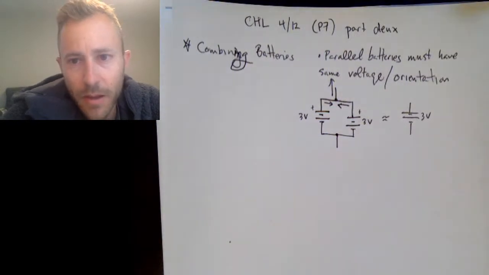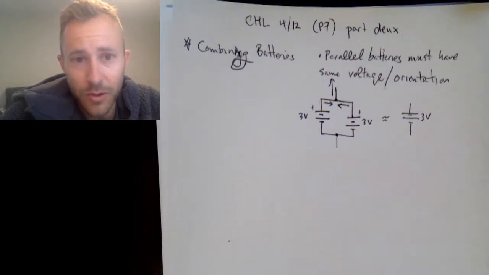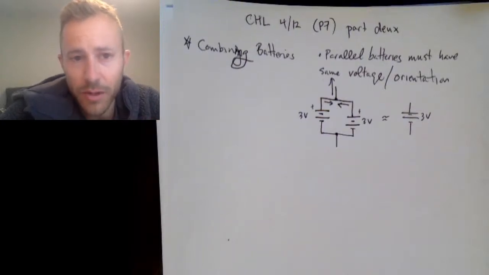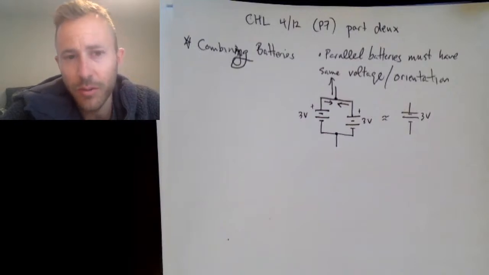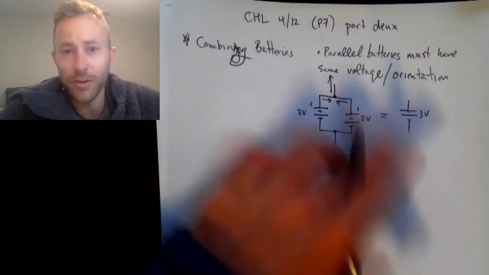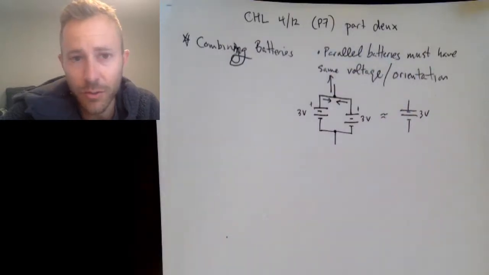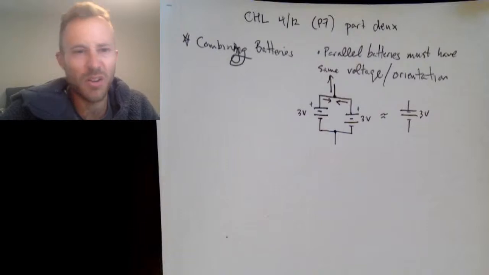Or if you don't need twice the current, you could use 2 batteries in parallel to provide the same current as you had before, but the batteries would take twice as long to run out of charge. Okay, so that's why you might do that.